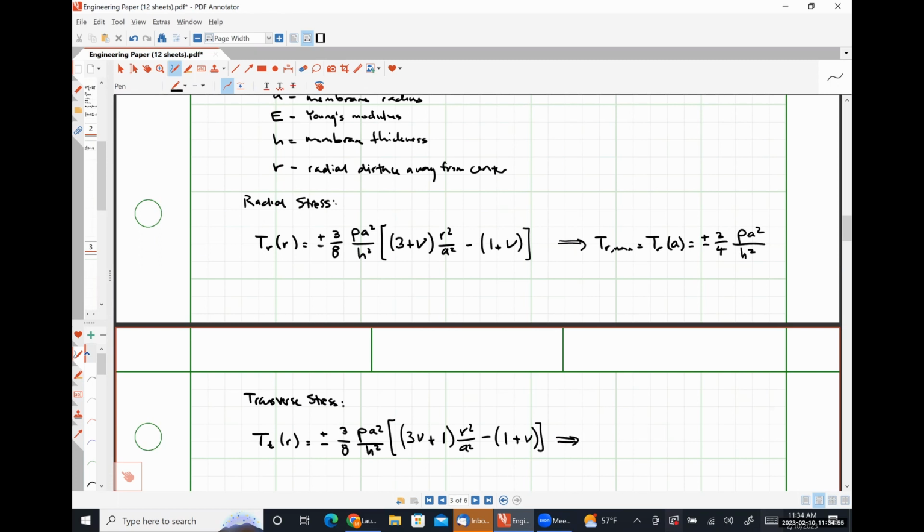The maximum transverse stress also occurs at the boundary of our diaphragm. So TT max is TT evaluated at A, comes out to be plus or minus 3/4 PA squared over H squared times nu, which is exactly what we should expect, because that's the purpose of the Poisson's ratio, is to convert stresses in different directions.